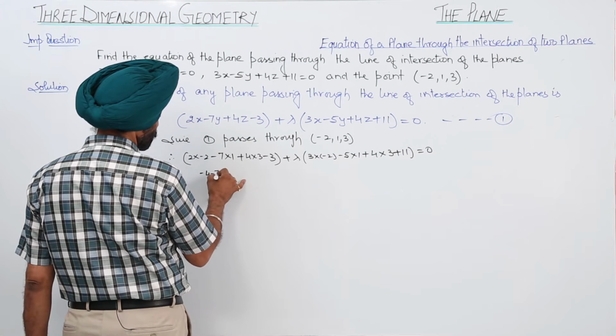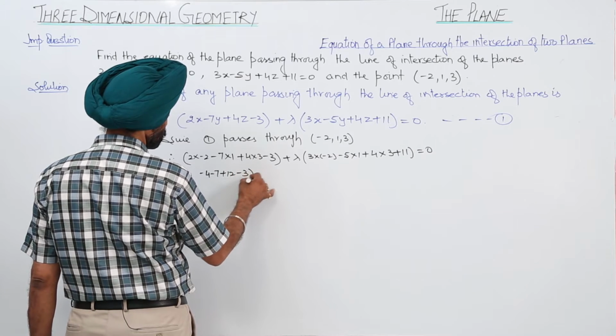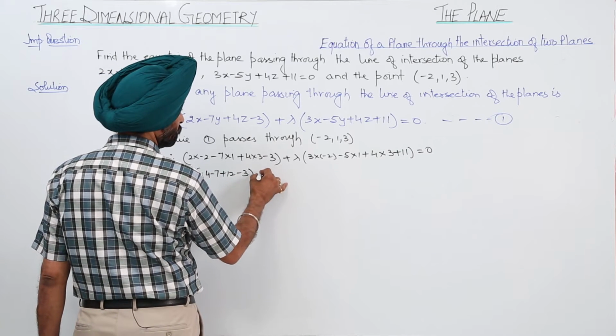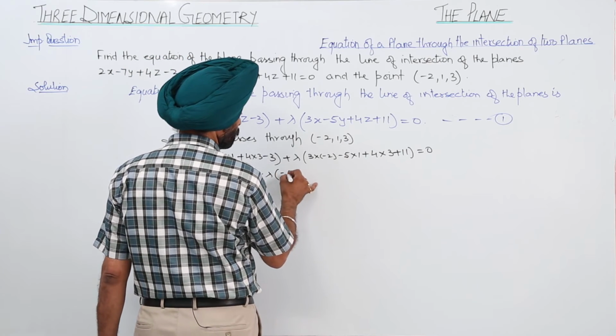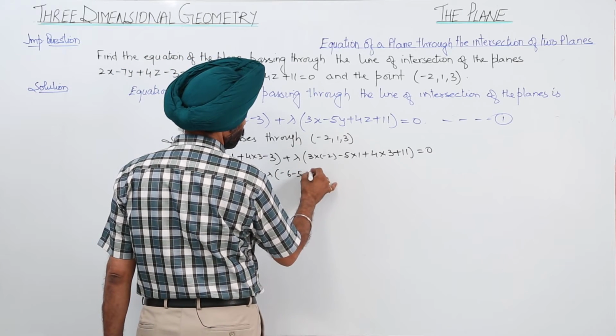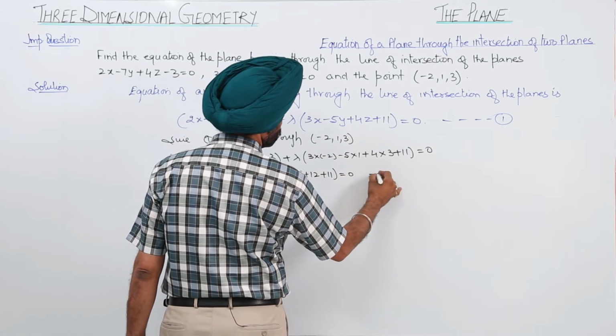negative of 4, negative of 7, plus 12 minus 3, plus lambda times (negative of 6, negative of 5, positive of 12, plus 11) is equal to 0.